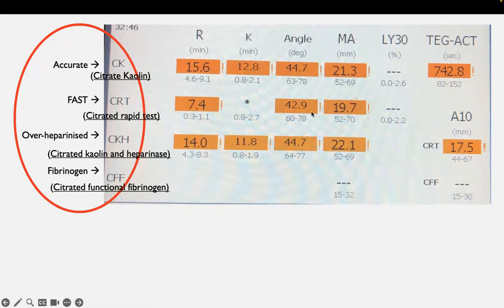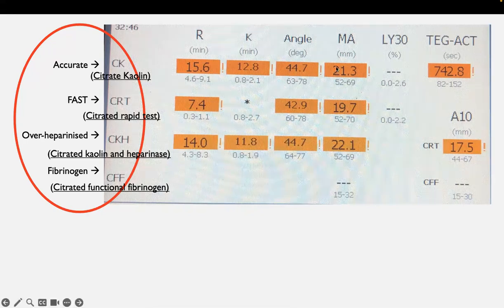Okay, the alpha angle. So the alpha angle represents the rate at which the fibrinogen builds up. So here we can see that the angle was smaller, so there was not enough time for the buildup. So it means also we don't have enough fibrinogen here as well. Good, excellent.